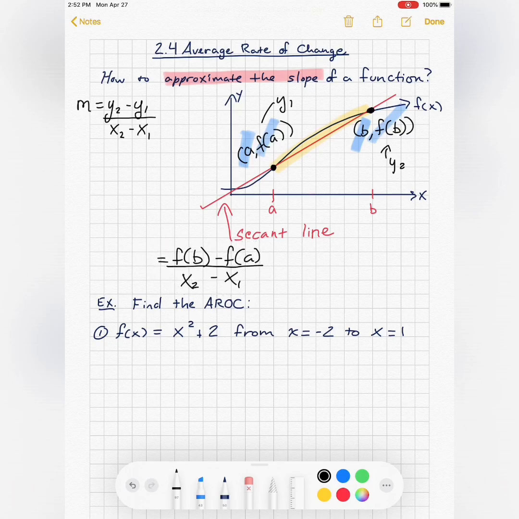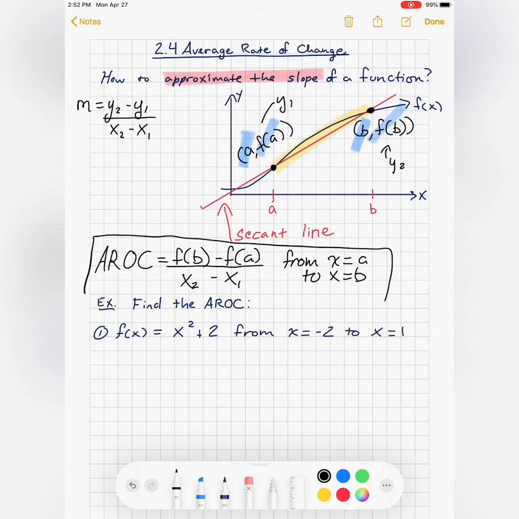This is actually the formula for finding the average rate of change of the function f of x from x equals a to x equals b. But all this formula is, it's really just a fancy way of writing the slope formula. It's just y2 minus y1 over x2 minus x1.